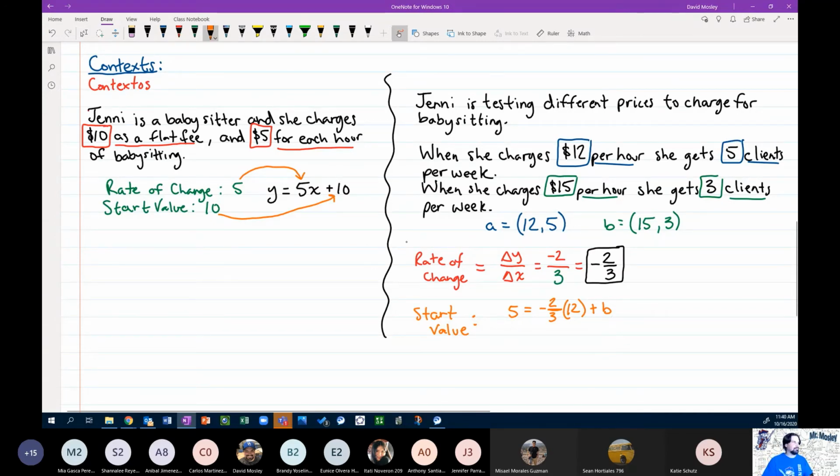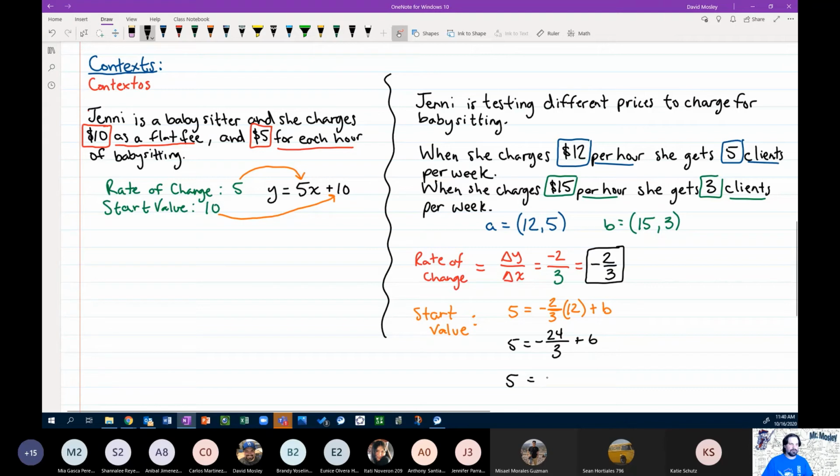Alright. So, tiene 5 igual 2 por 12 es 24. So, tenemos negativo 24 dividir 3 más B. Y negativo 24 dividido 3 es igual negativo 8.